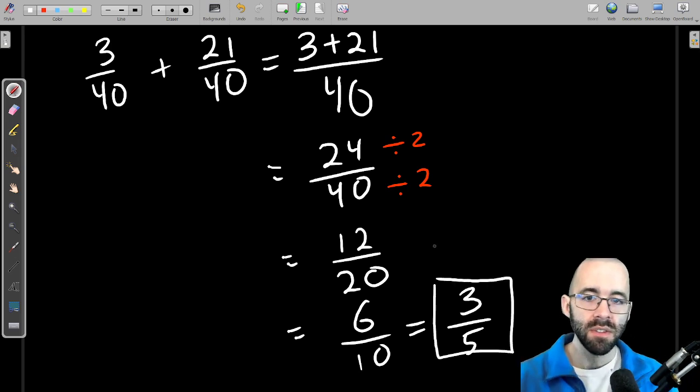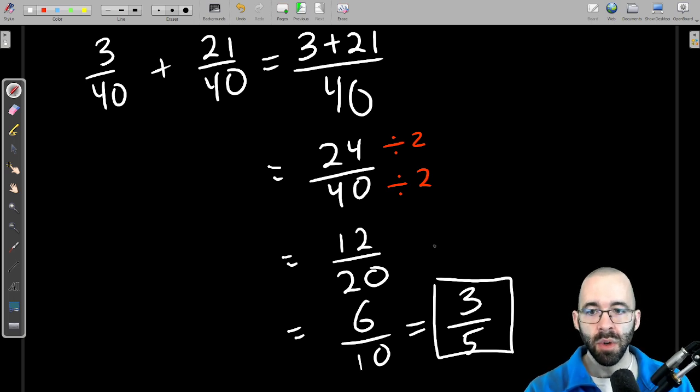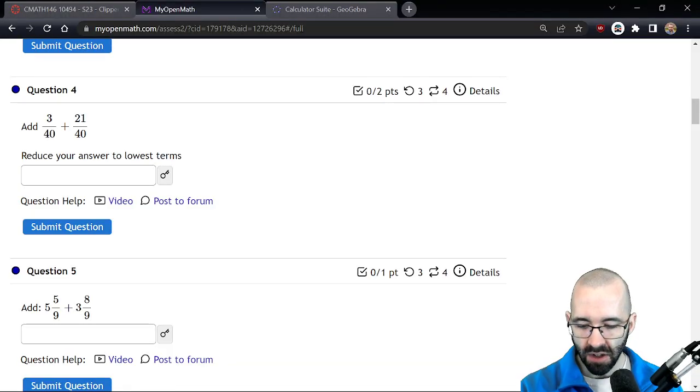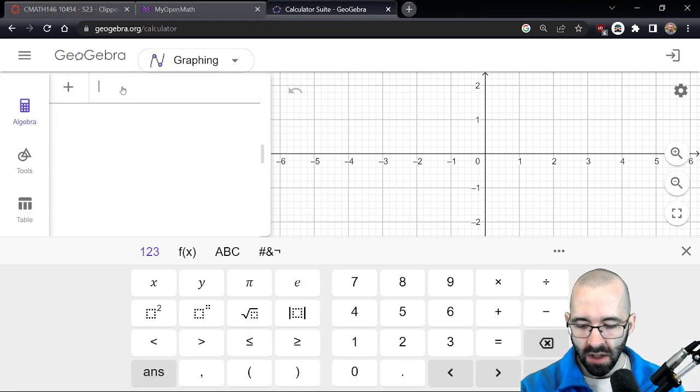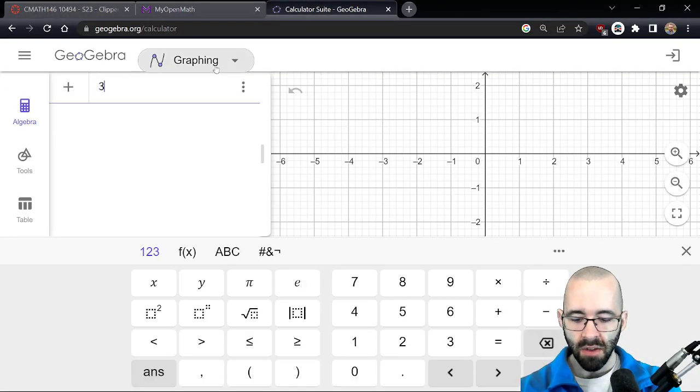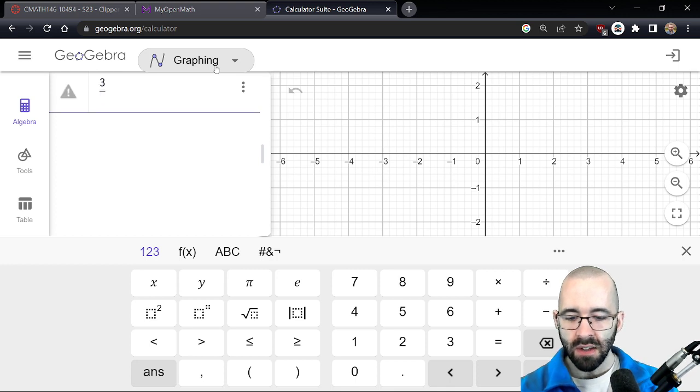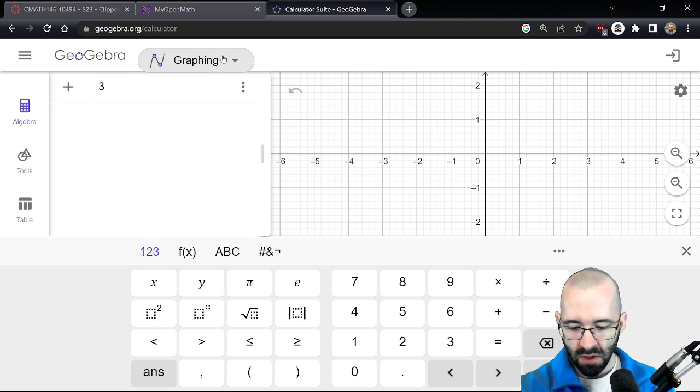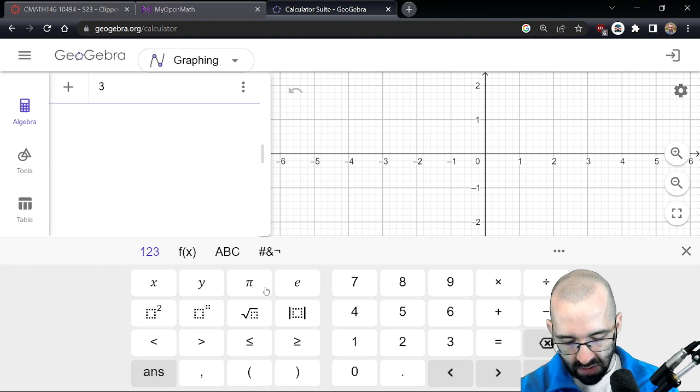Now, you can also do this with a calculator. So we're going to be using GeoGebra. You can use Desmos. You can use a handheld calculator. There's a lot of ways that you can do it. But one of the ways is to just type it, 3, and then you can type the /, or if you want, there's probably a division sign here.